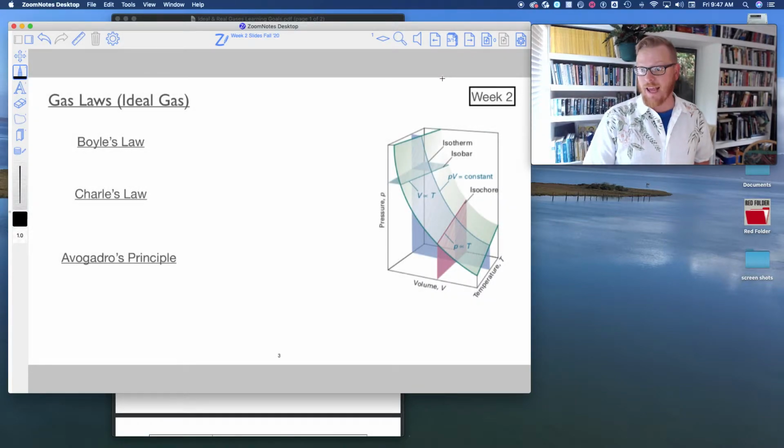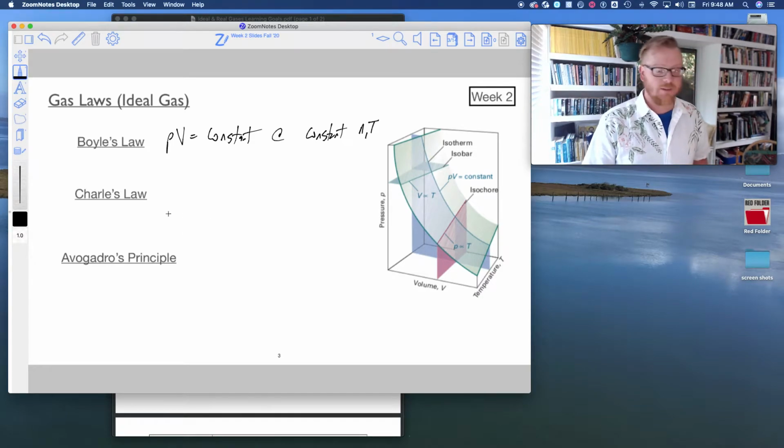So let's talk about the gas laws, speaking of equations of state. So we know Boyle's law, and Boyle's law says P times V equals a constant at constant number of moles N and temperature T, okay?